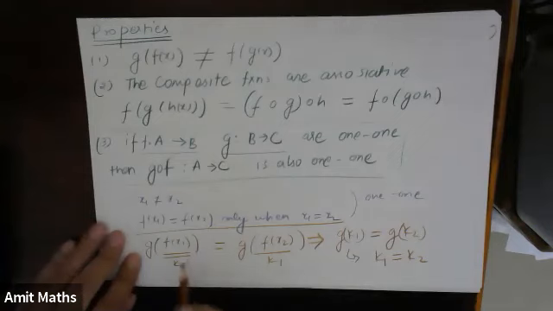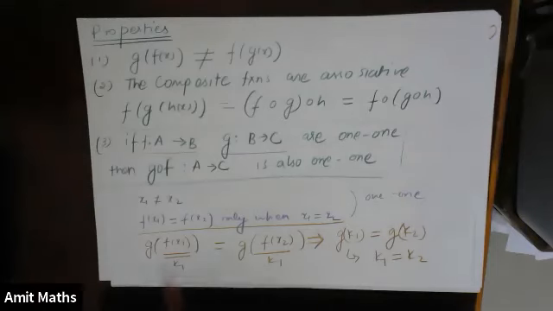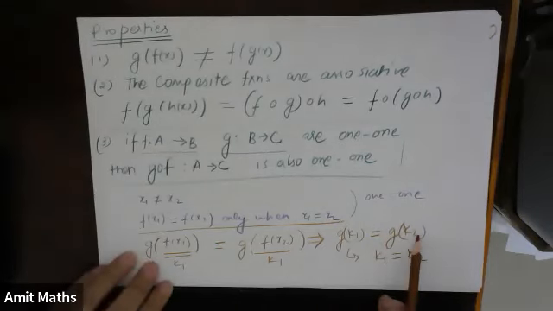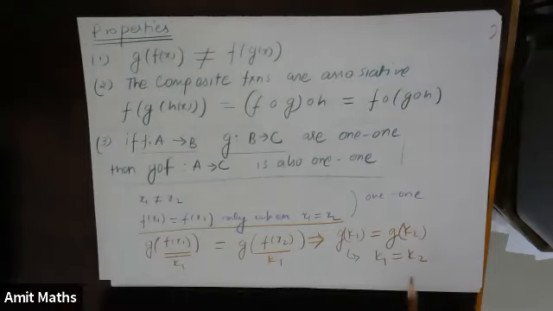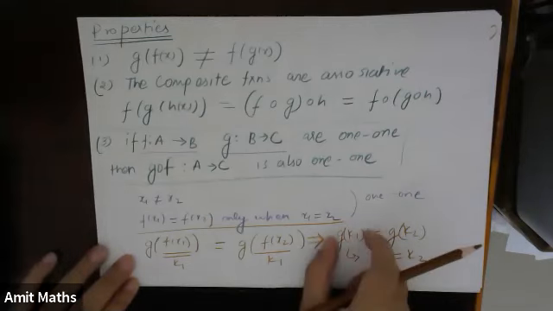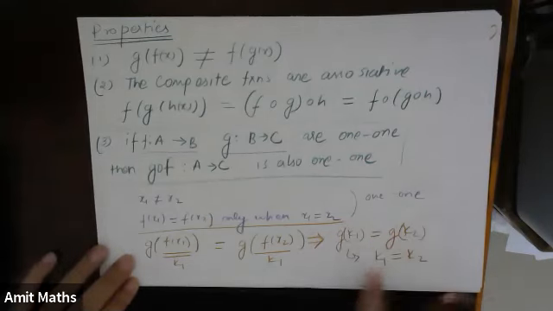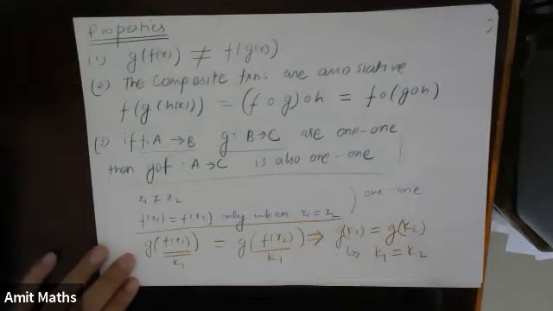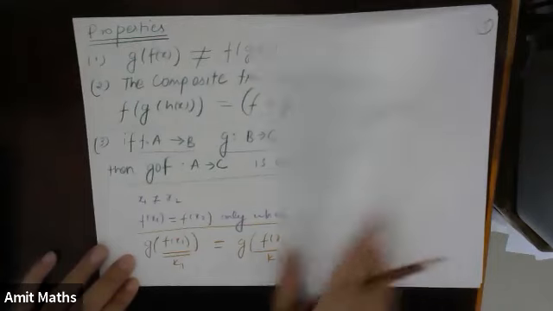I'll repeat once again. What we did, we took K1 and K2 as f of x1 and f of x2. If g and f are both 1-1, then if g of K1 is equal to g of K2, this means K1 is equal to K2, because if g of something is equal to g of something else, then those two have to be the same.